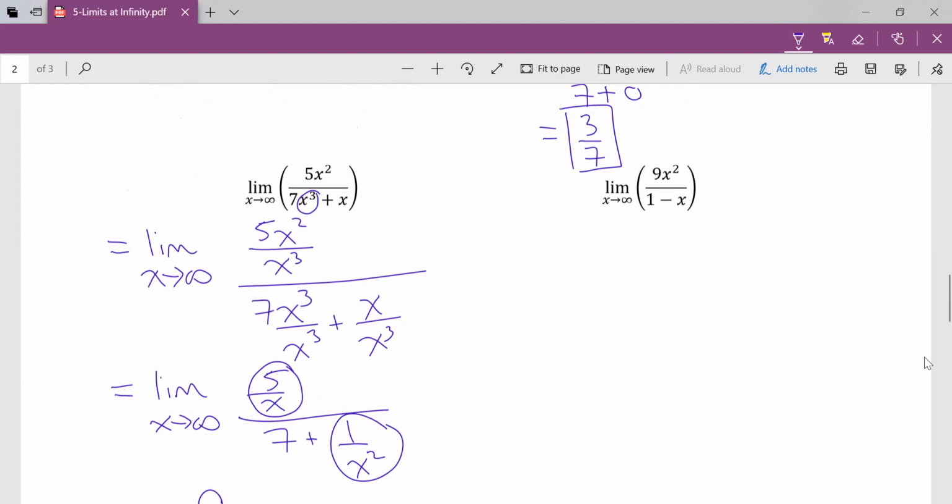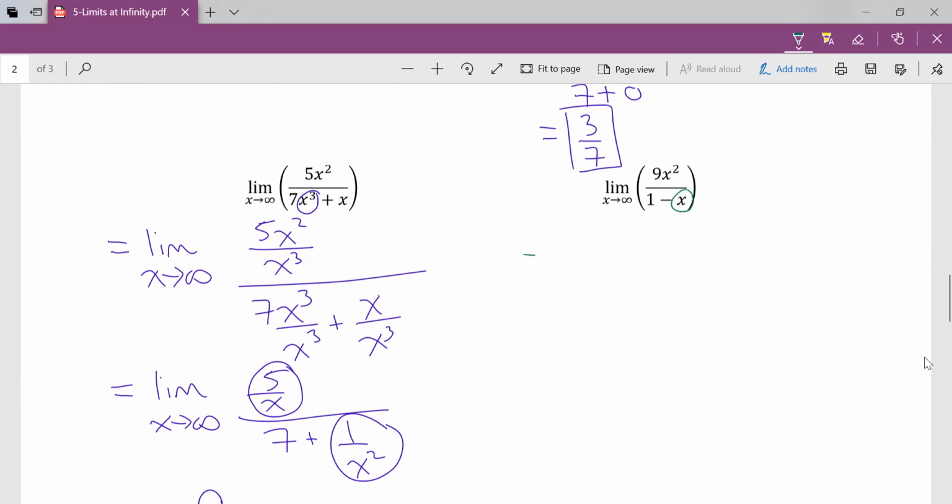All right, let's try another one. The limit as x goes to infinity of 9x squared over 1 minus x. Okay, again, what I'm going to do is divide by the highest power in my denominator. So I'm going to divide everything in this case by x.